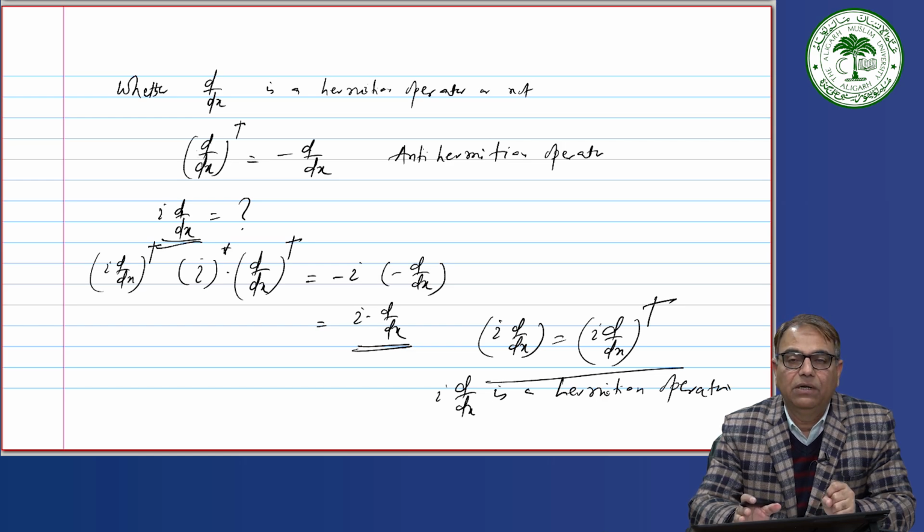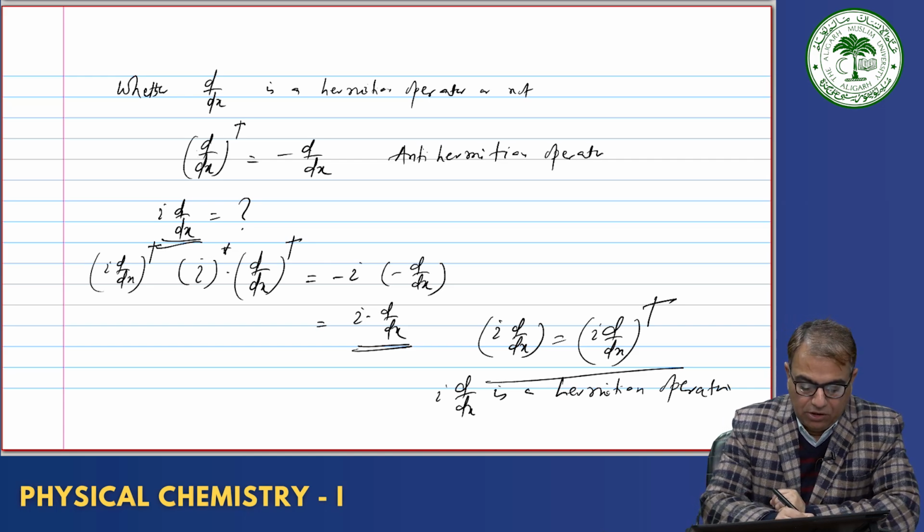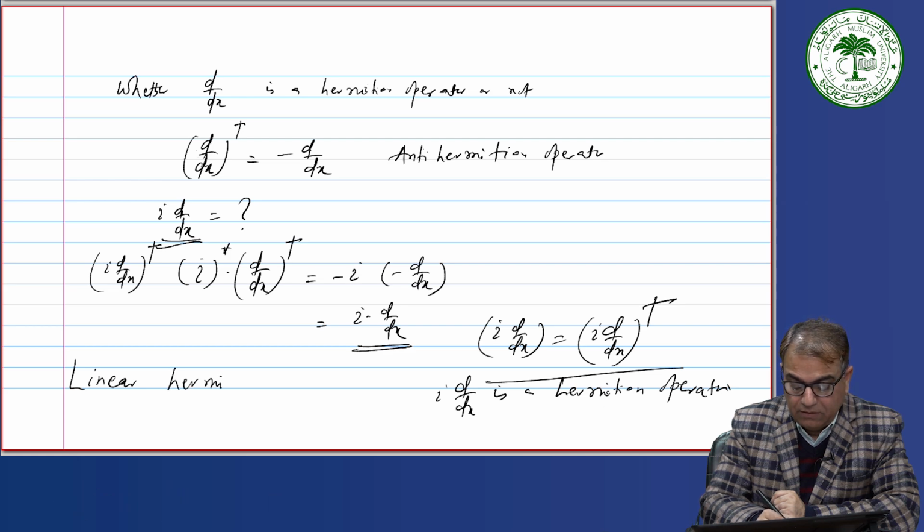Then we talked about the properties of operators, what linear operators are and what Hermitian operators are. And remember this always: all operators in quantum mechanics are linear Hermitian operators.